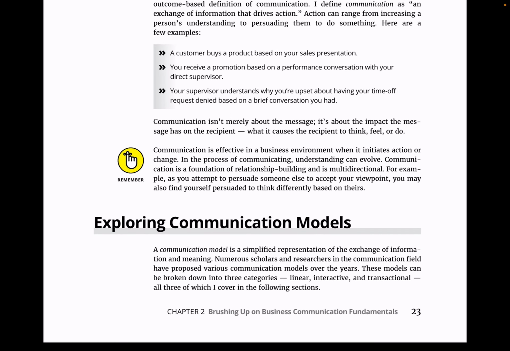The second model is called interactional models. As researchers studied communication more and tested the elements of the linear model, they realized that communication doesn't flow in just one direction. In fact, communication can be a dialogue involving two people who share messages back and forth.